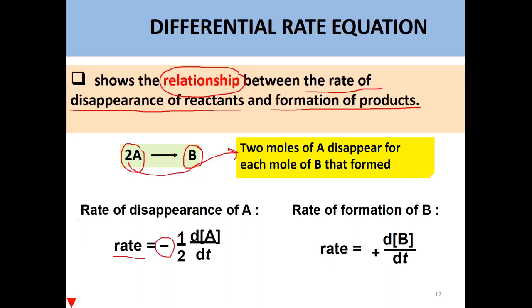Then we have 1 over 2. This 2 comes from your stoichiometry of A. If it is 3, you can put 1 over 3. If this one is 4, you can put 1 over 4. However, the A is only 2.